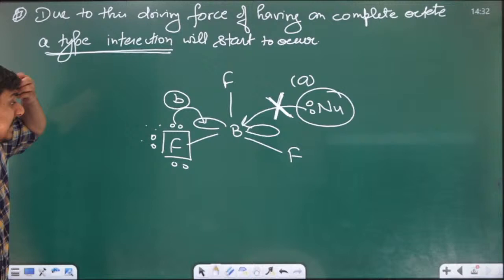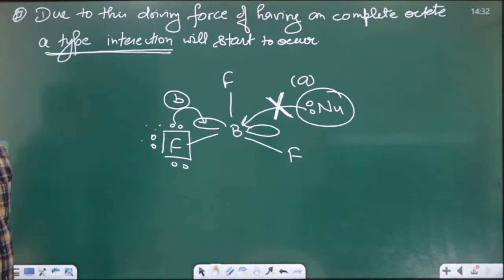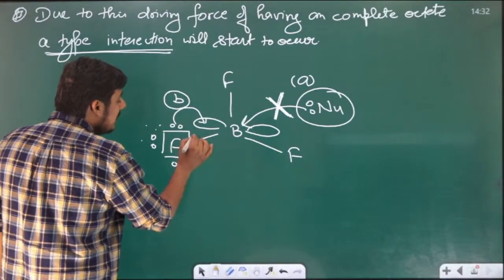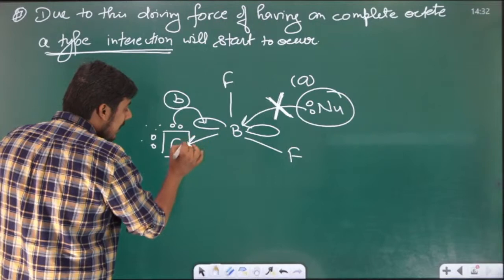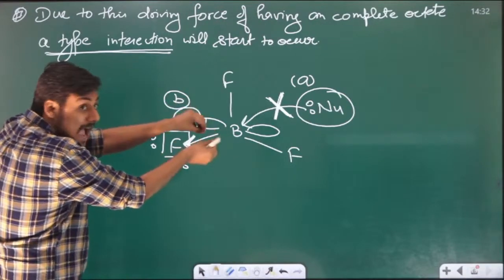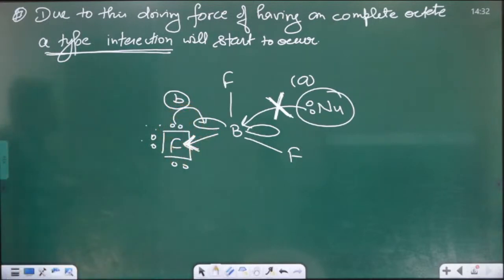So this fluorine will give electrons, but why? There must be a reason. The reason is that through this sigma bond, due to its high electronegativity, fluorine has pulled the bonded pair electron density towards itself.